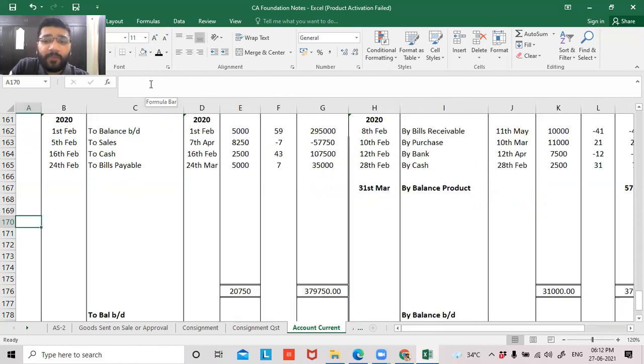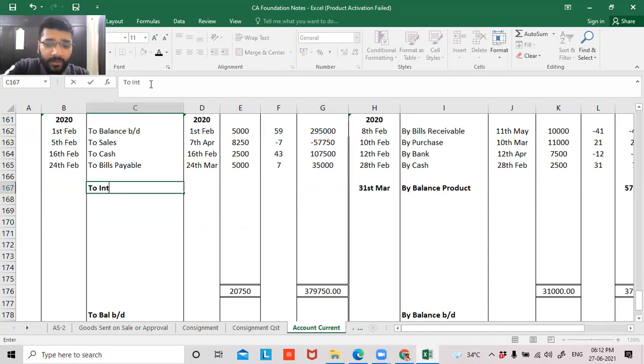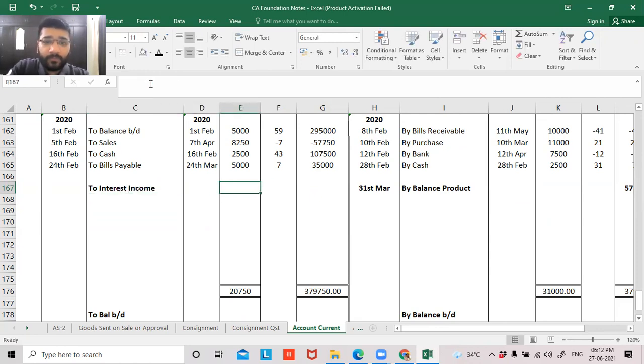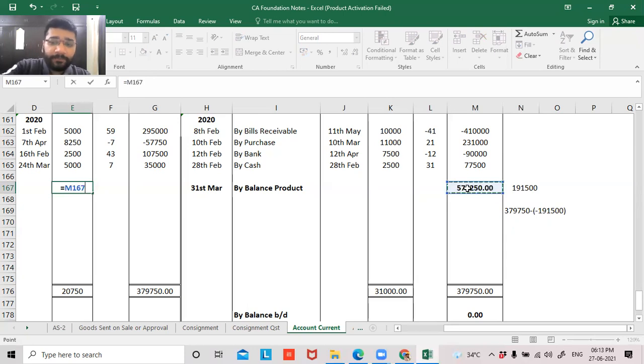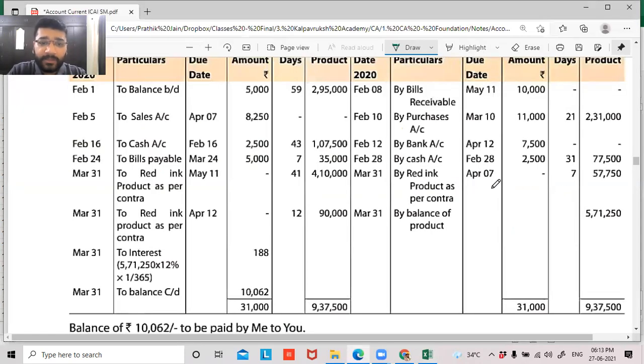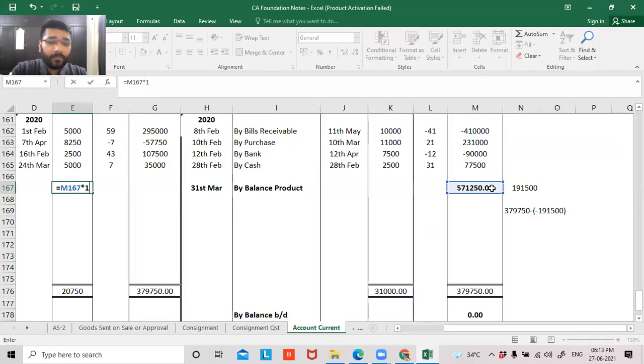Now, after finding the balance of product, guys, what do you do? You calculate the interest. Interest income. You calculate interest income. How do you calculate, guys? In the amount column, 5,71,250 into, what is the percentage, guys? 12%. 12% into 1 divide 365. 187.8, guys.